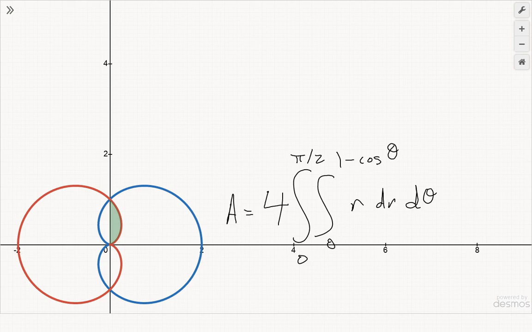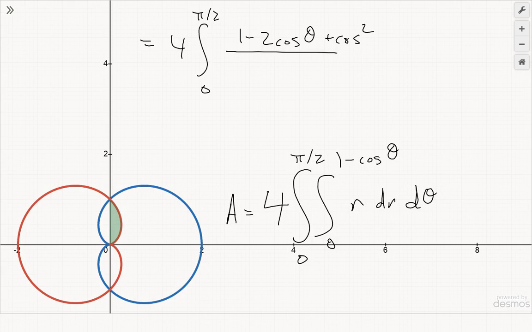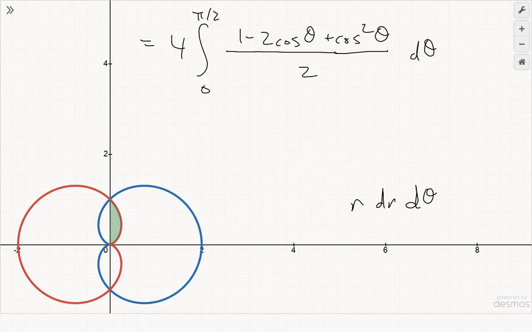So this is 4 times the integral from 0 to pi over 2. So the integral of r is r squared over 2. So this will be 1 minus 2 cos theta plus cos squared theta all over 2 d theta. Now there's a trick we can use to simplify this integral without having to go through the integral of cos squared theta.